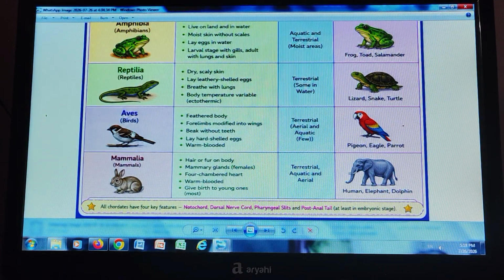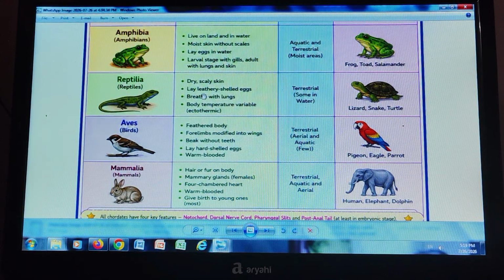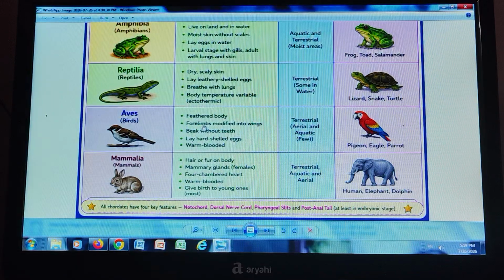Next, Aves, birds. Birds are feathered, not like scales in the fishes or moist skin. Here come feathers. Forelimbs are modified into wings. Amphibians have four limbs and hind limbs. Reptilia also has four limbs and hind limbs. Coming to the Aves, the forelimbs are modified into wings.